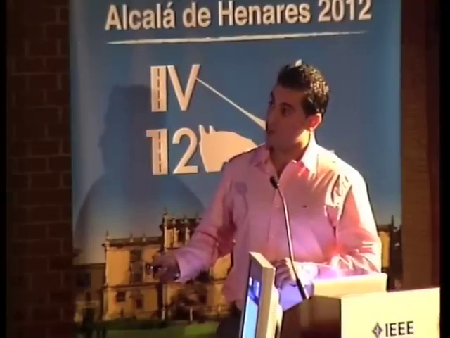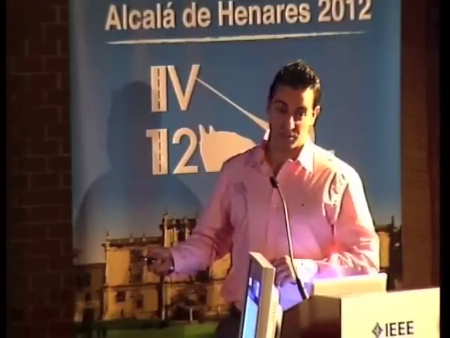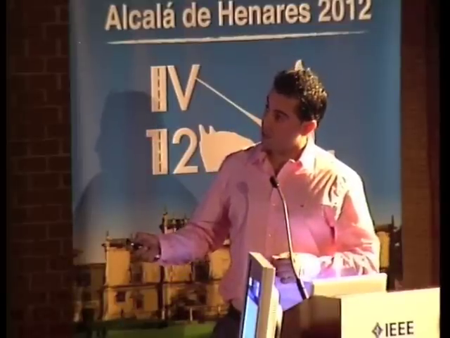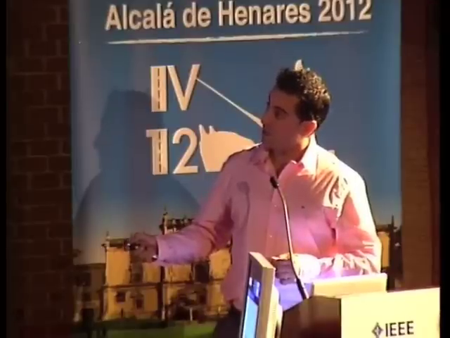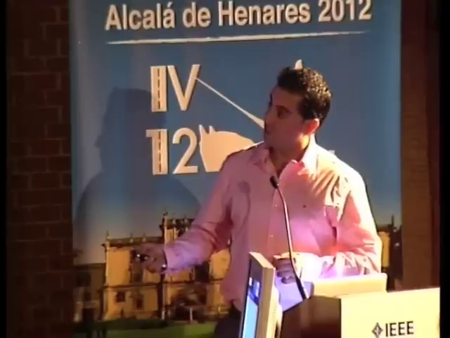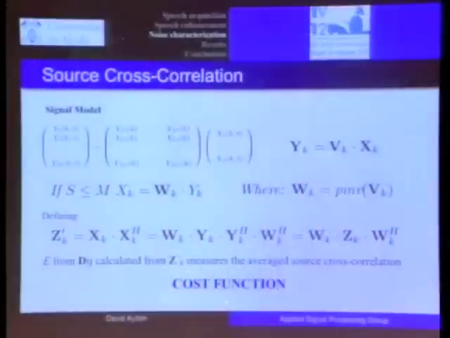Well, if we now define the cross correlation between the original sources, instead of the cross correlation of the recordings, just making use of this expression, we can estimate directly from the recordings the cross correlation of the original sources. And this average cross correlation of the original sources is going to be our cost function. So now our purpose is to find a set of sources that minimize this cost function E here, that are going to be the sources that are less correlated.